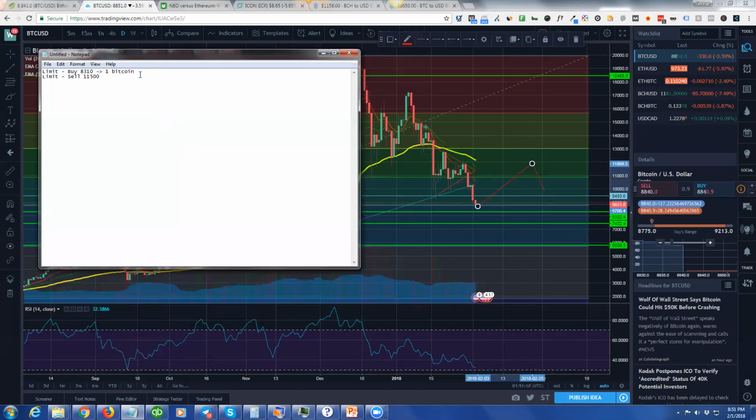So what that means is that if it comes down to 83.10, then we're going to buy at 83.10. We're saying, if somebody's willing to sell us one for 83.10, we're going to buy it at that. So once we put in a limit sell, we're now a seller. We're saying that we're willing to sell that 1 Bitcoin for 11.5. But if the market never gets up to that price point, then we will never sell that Bitcoin, okay?